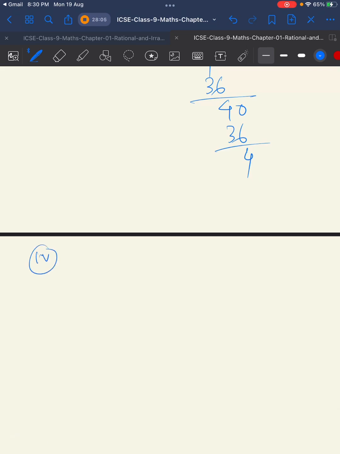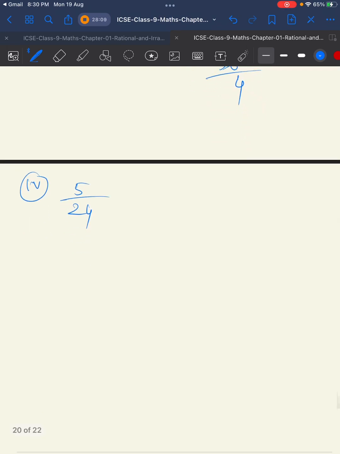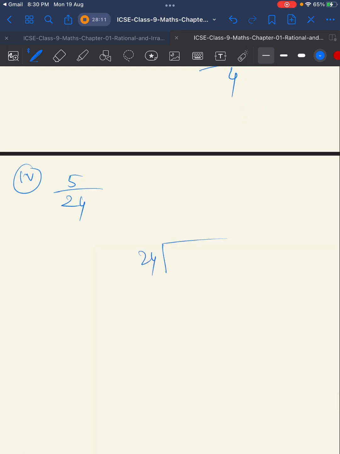Okay, now question number 4, 5 divided by 24. So 5 is lesser than 24. Now we take a point in the quotient, so we have here 0.